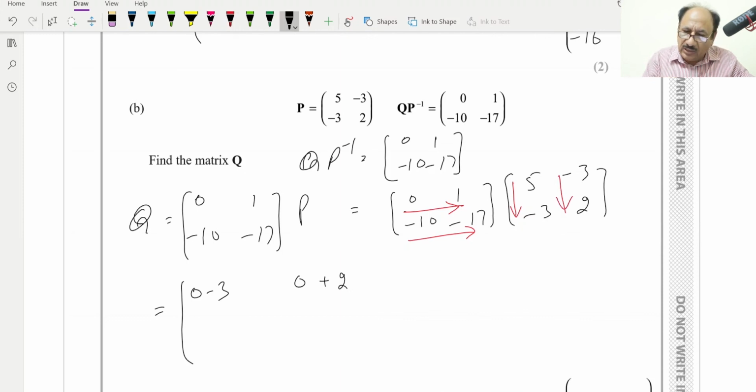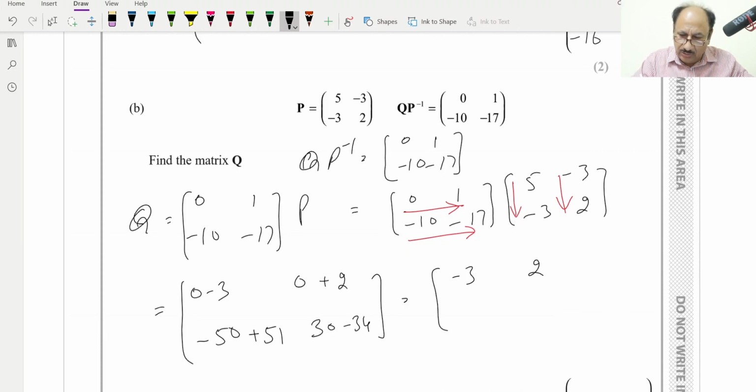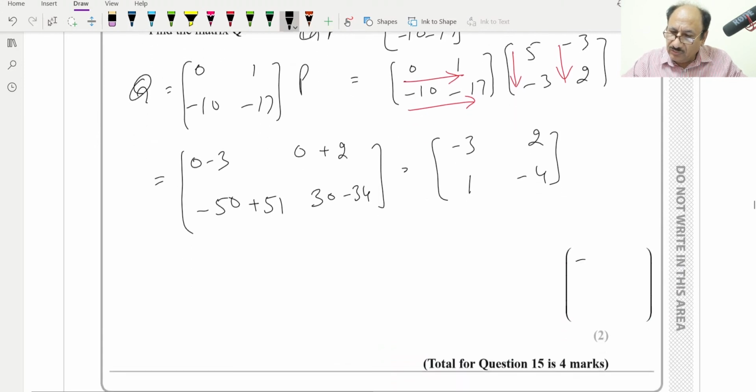Second row first column will be minus 50 and plus 17 into 3 will be 51, and last second row second column will be plus 30 and minus 34, and this will result in minus 3, and this will be 2, and this one will be 1, and this one will be minus 4. This will be our final answer which we can provide over here.